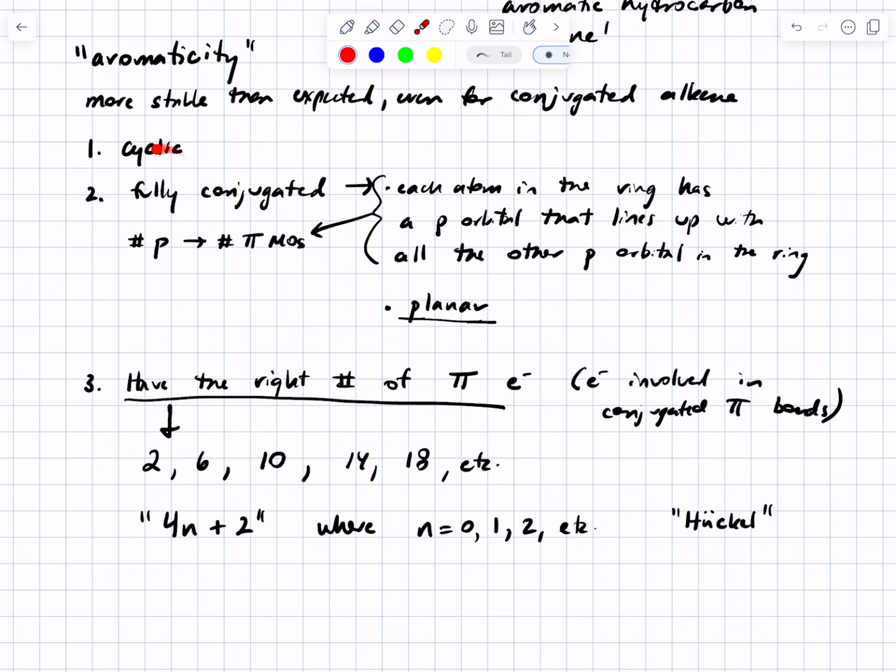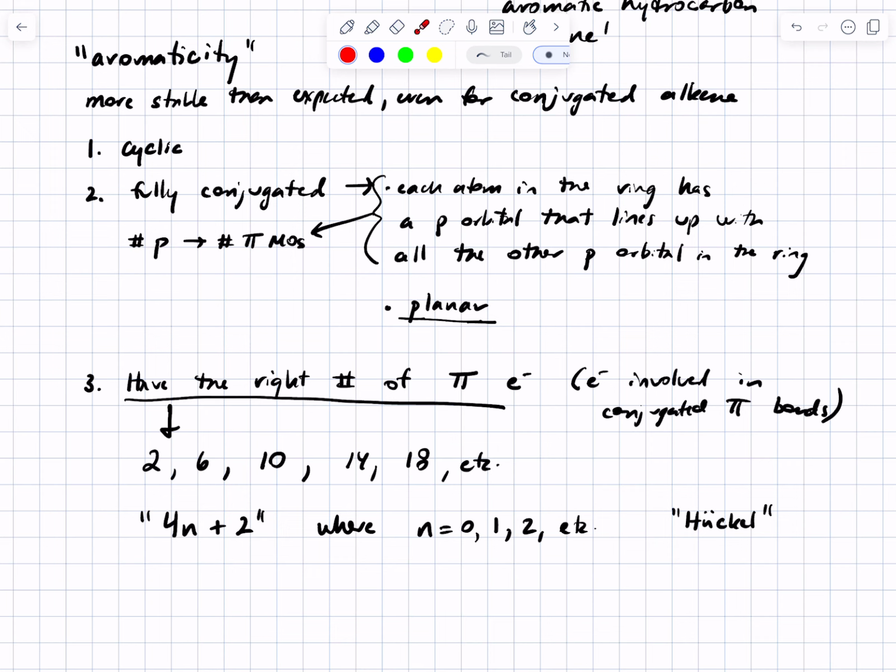So look for things that are cyclic, fully conjugated, and have the right number of electrons. Exceptions are not frequent enough to really worry about. If you check these boxes, generally the planar thing will take care of itself.